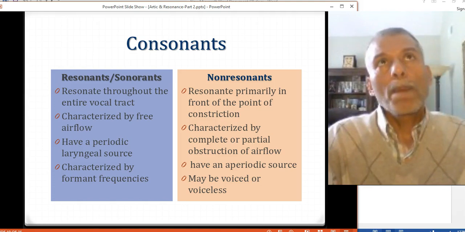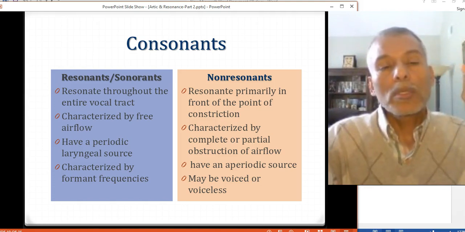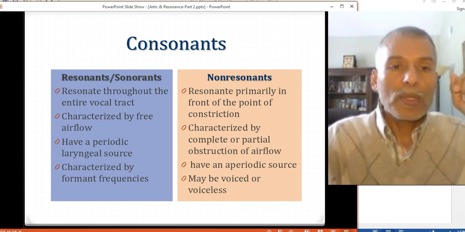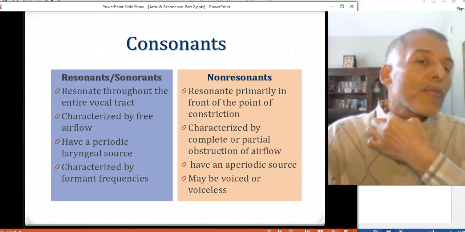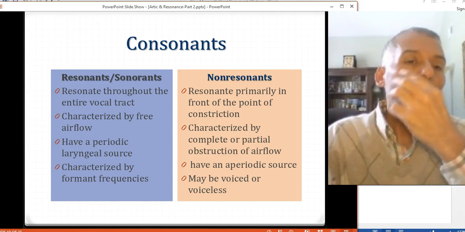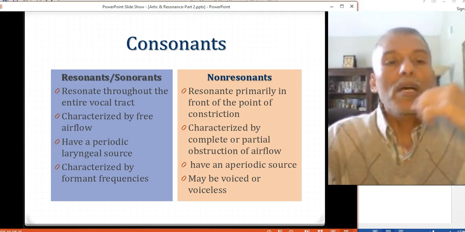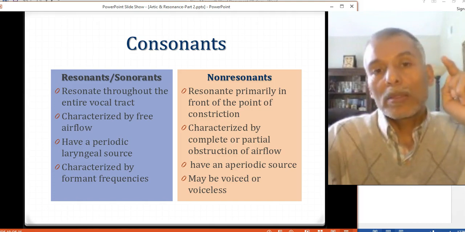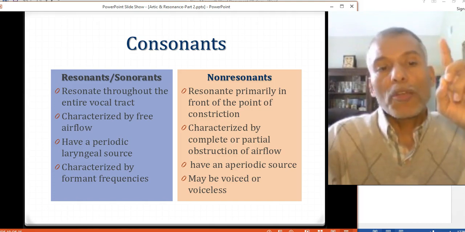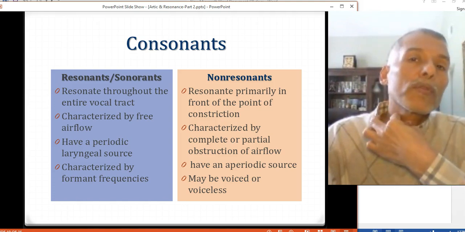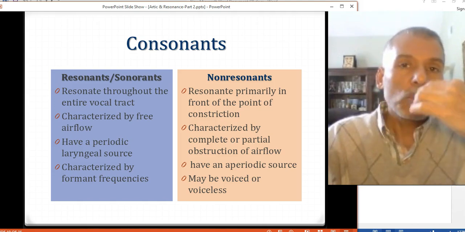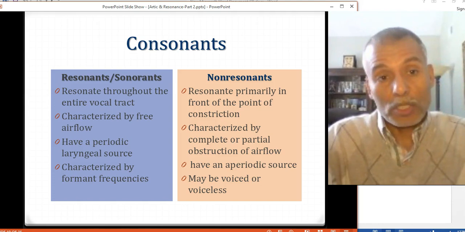Resonant sounds are produced with a minimal constriction along the vocal tract. So they resonate through the entire vocal tract, oral cavity, nasal cavity. They have one periodic source, which is vocal fold vibration. They do not have noises, for example, or particular tones coming from the oral cavity or nasal cavity because of constriction.